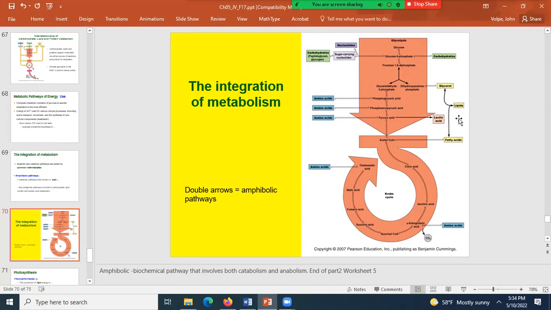So the important thing to realize is that catabolism and anabolism are interconnected. Even in our cells, anabolism and catabolism are interconnected. And our cells are lousy at interconnecting anabolism and catabolism.